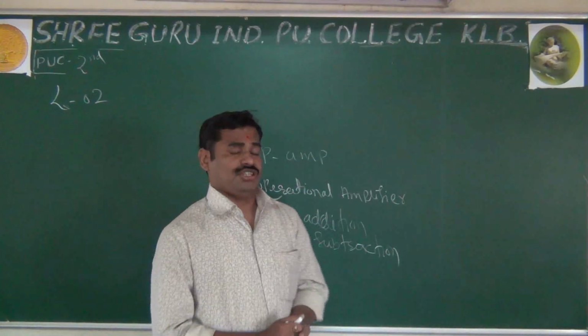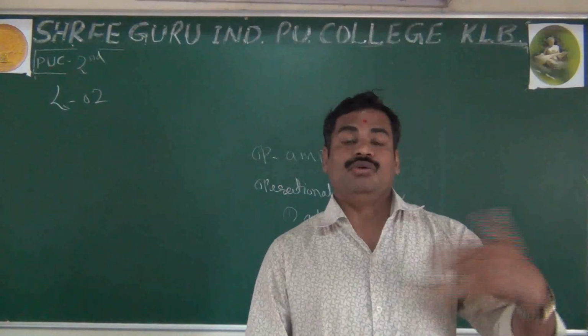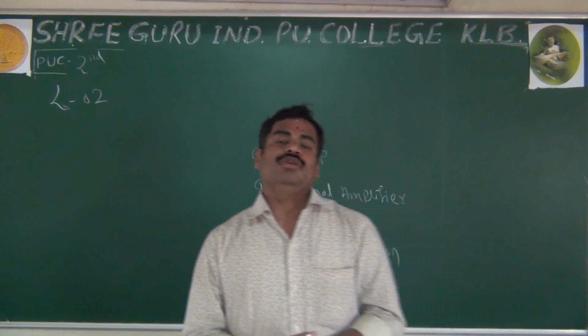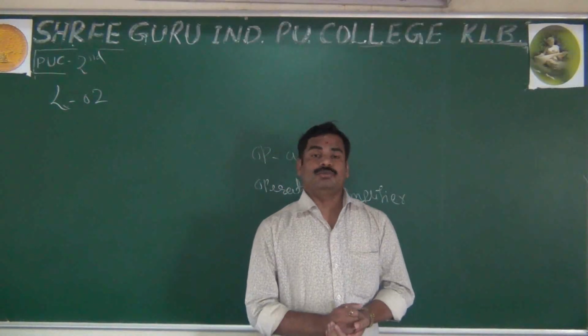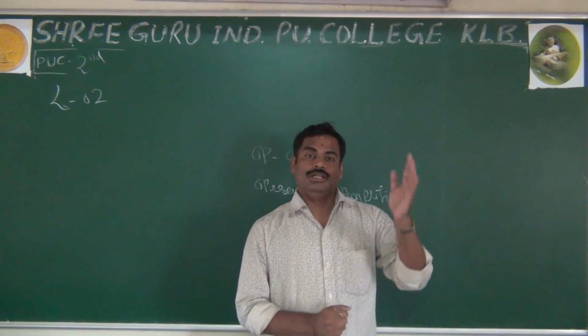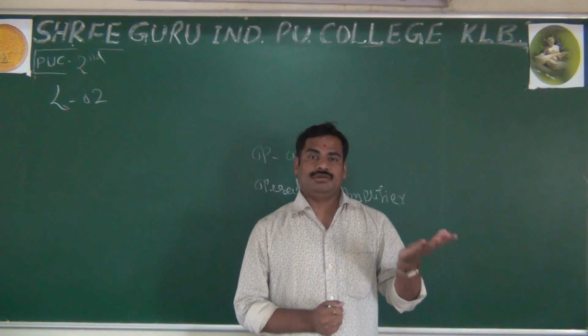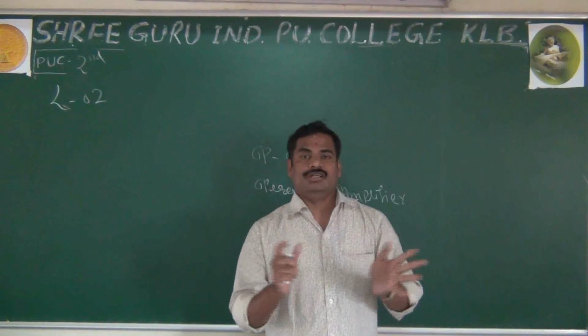As I said in yesterday's class, many students get confused about what an op amp is and why it is called an op amp. If the question asks what an op amp is, many students give the answer that it will do mathematical operations such as addition, subtraction, multiplication, integration, differentiation. That is not the correct answer.